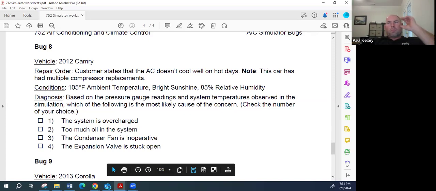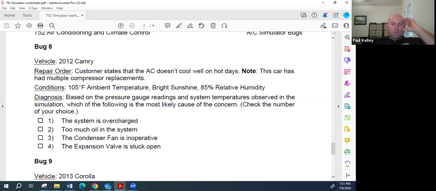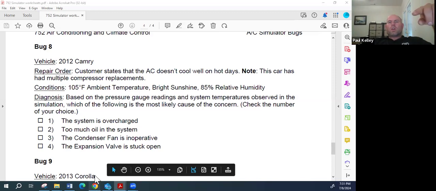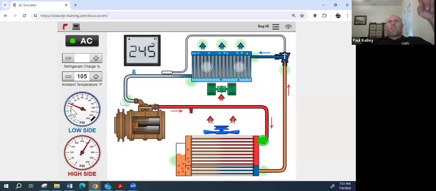To be quite honest with you, there's a big clue in knowing the work history. Okay, expansion valve stuck open can be eliminated. I agree. If the TXV was stuck open, that would have the high not that high and the low not that low. And this high is really high, and this low is really low. They're probably actually in spec for 105. So I agree.